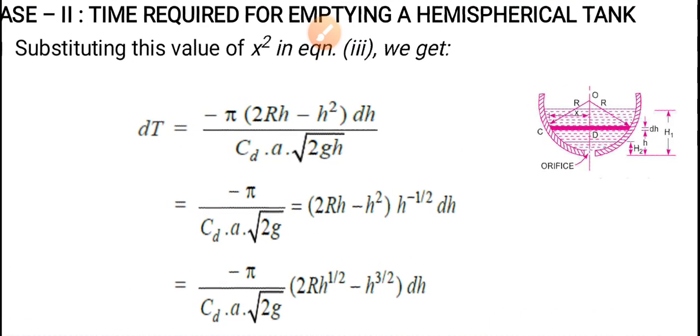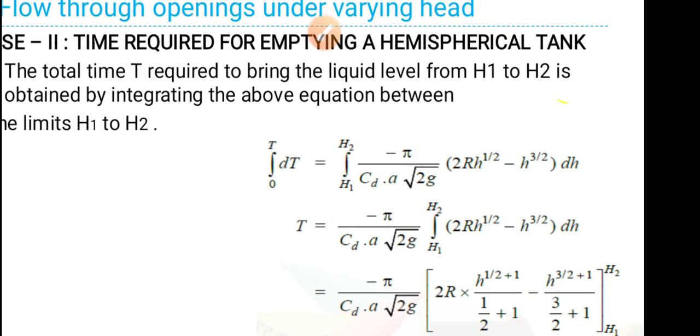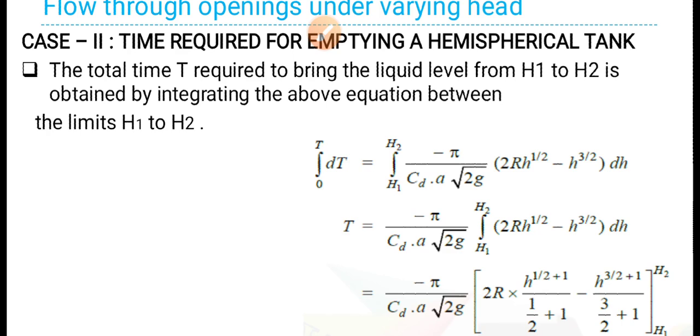You can see here, because we have taken 2 outside, therefore we get minus h to the power of 3 by 2 into dH.